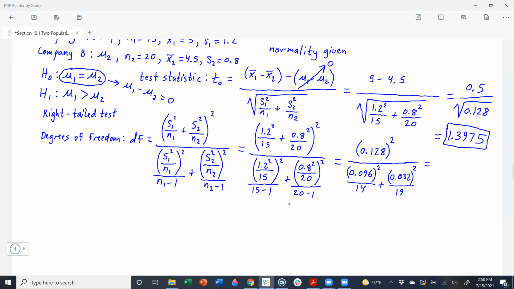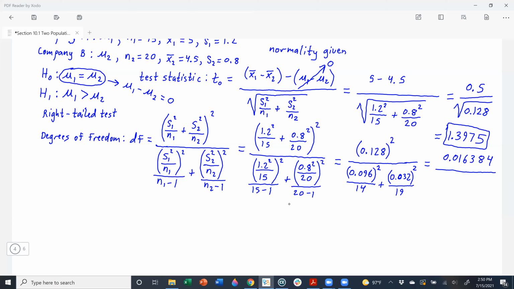Now in the top, we can go ahead and do the 0.128 squared, and I don't want to do any rounding until the very end, so that's 0.01638. Divided by, okay, so I'm going to go ahead and type both of those pieces in.